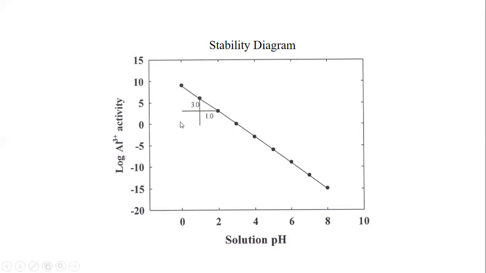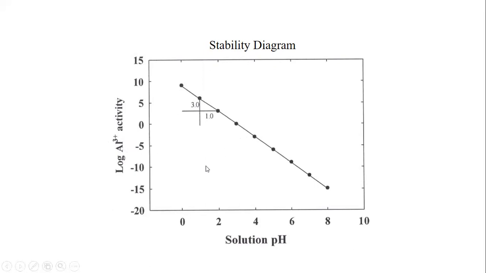If Gibbsite is the one controlling the activity of aluminum, then we measure the aluminum in the salt solution, and if we find it is the same value we obtained from this diagram, we say Gibbsite is really the compound determining the concentration of aluminum in solution.